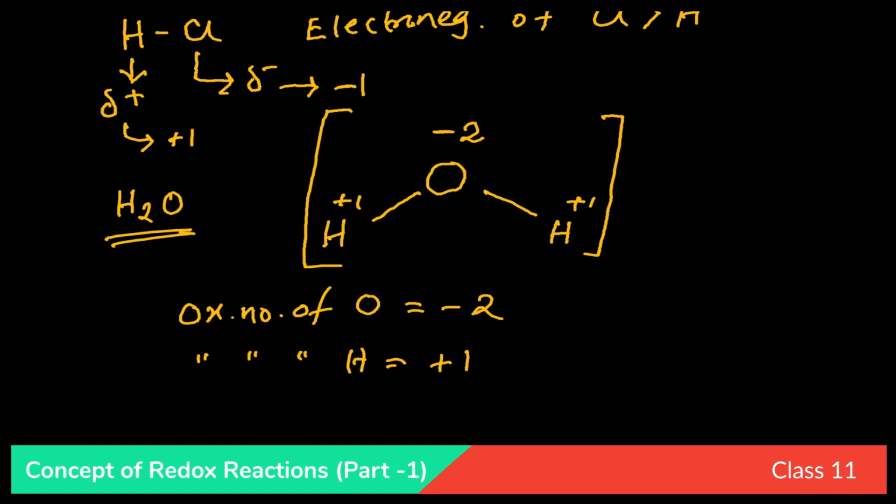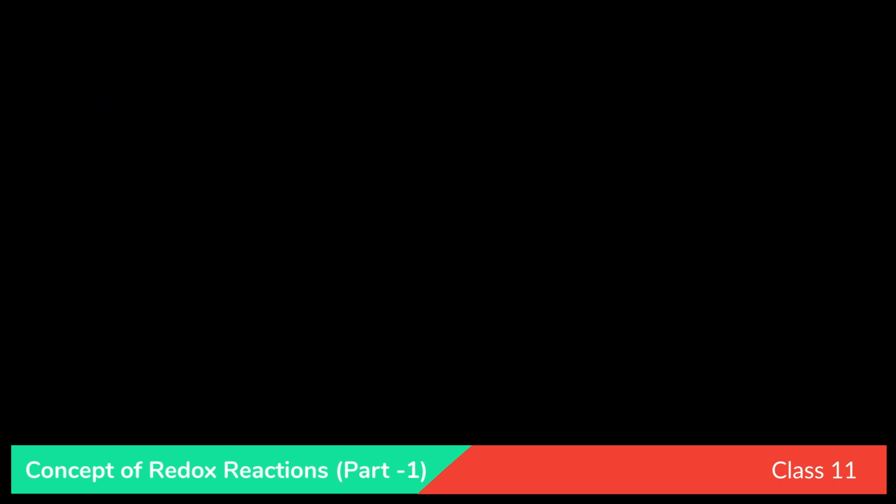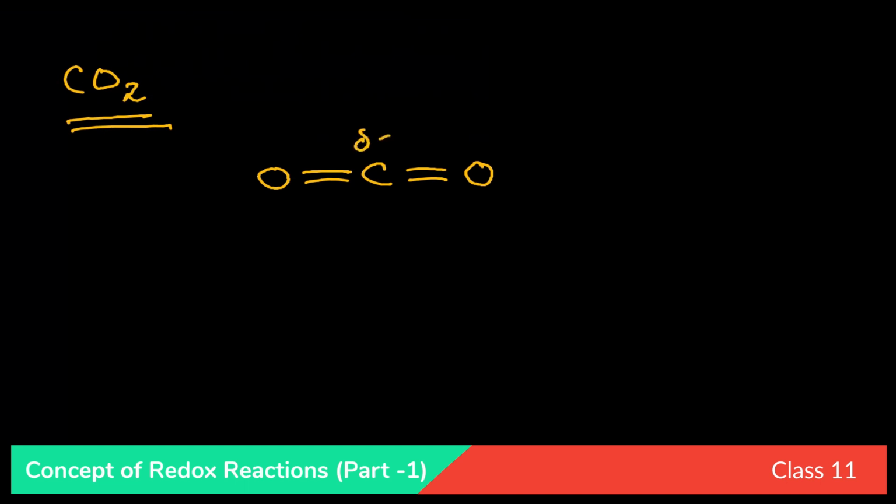Let's take another example. Suppose let's take an example of CO2. What happens with CO2? Here, carbon will also share its electron pairs with two different oxygen atoms. It will be somewhat like this, with double bonded oxygen. So I can say it has shared four of its electron pairs, so it will carry 4 delta plus charge.